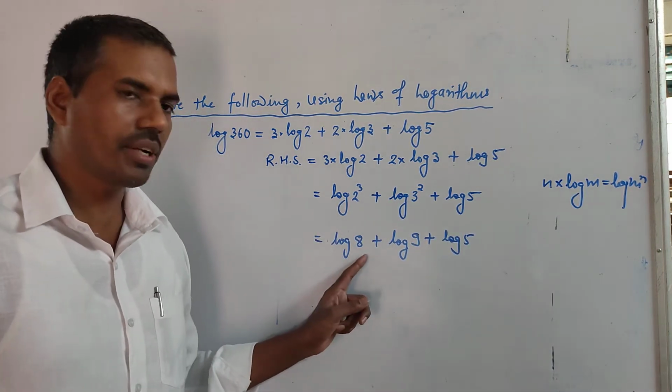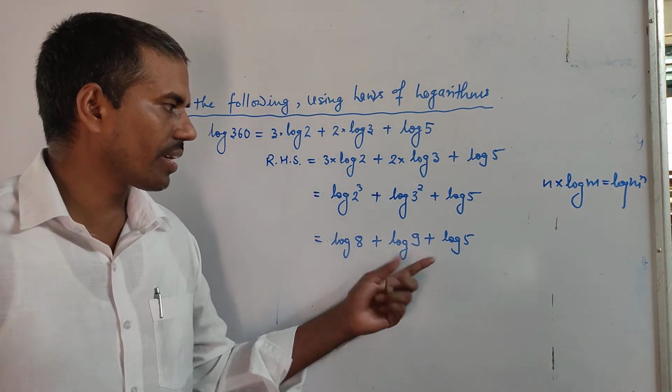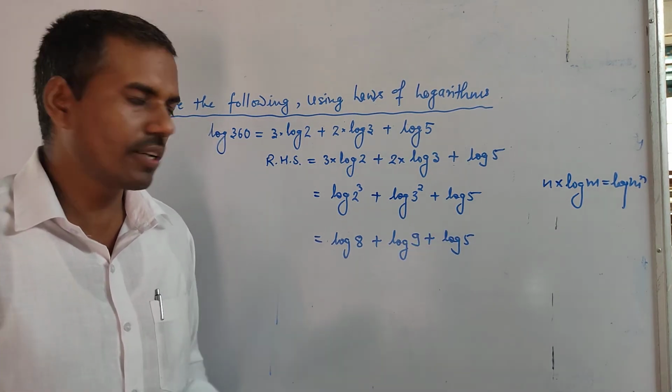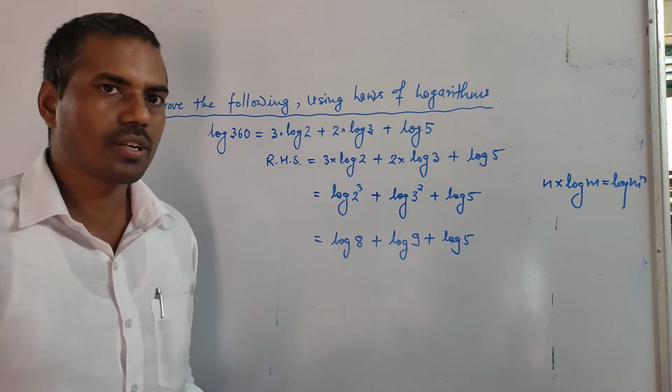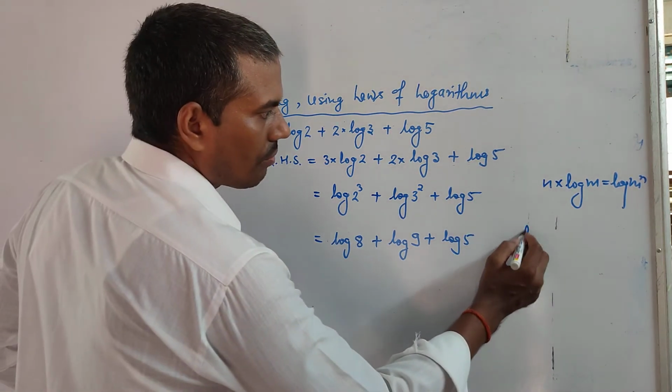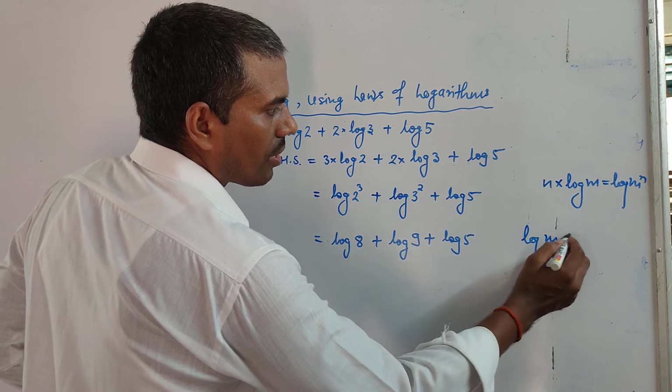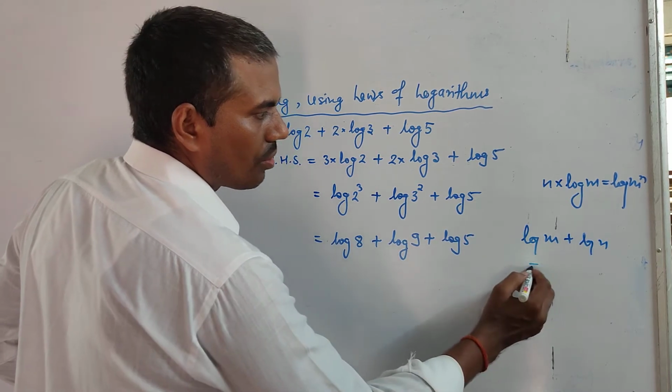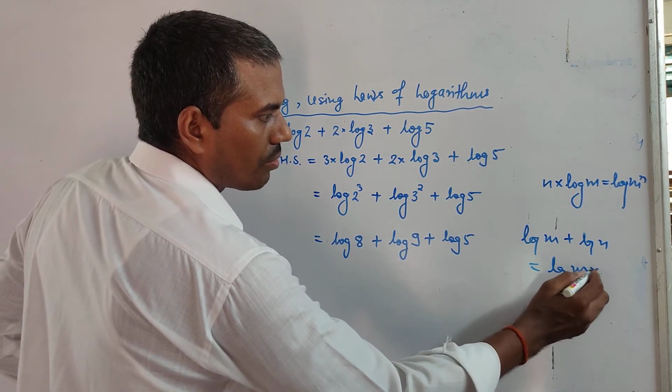We have three terms. The first one is log of 8, the second one is log of 9, plus log of 5. They are connected using the connective plus, so we can use the law of product. We know that log of m plus log of n is equal to log of m into n.